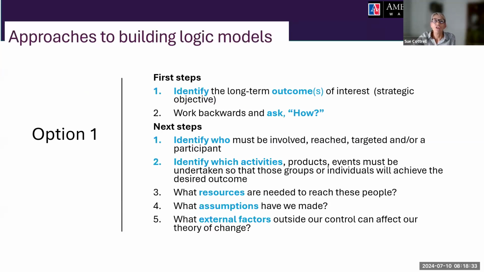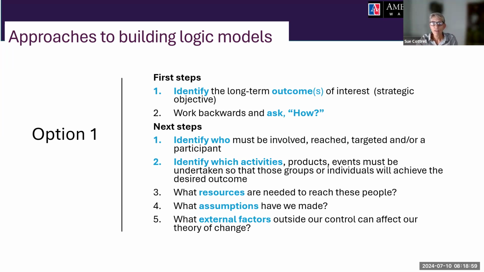Okay. So now we're going to go into a section of different options for building a logic model. I'm going to go through 4 of them. The first option is where you identify your long-term outcome of interest. So what's the highest level you think you can achieve with the time and the resources you have? And then you work backwards and you ask how.